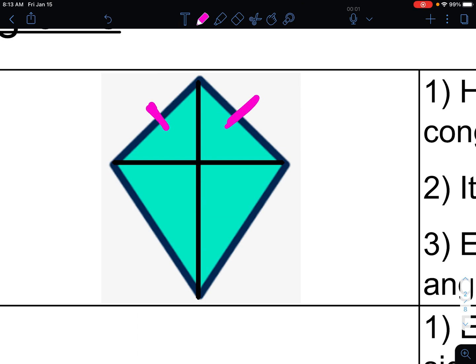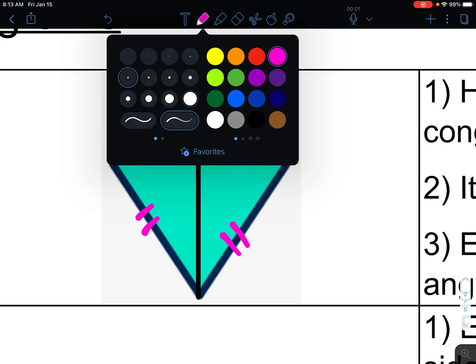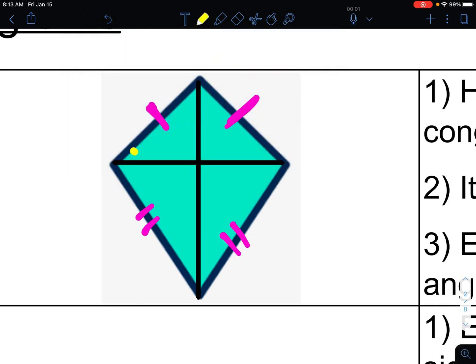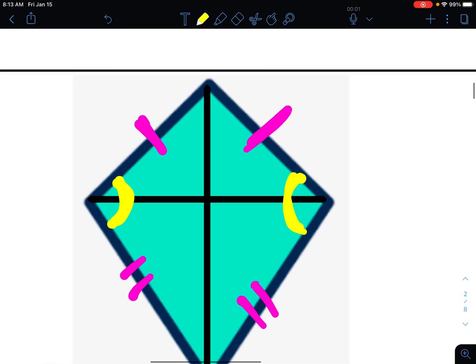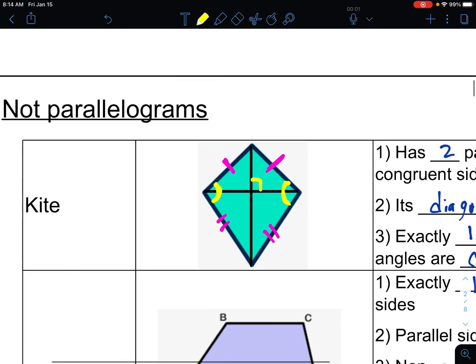So those two sides are next to each other, they're equal, and these two are equal. And where their sides meet, these angles would be congruent. And we've got perpendicular diagonals. So those are the properties of a kite.